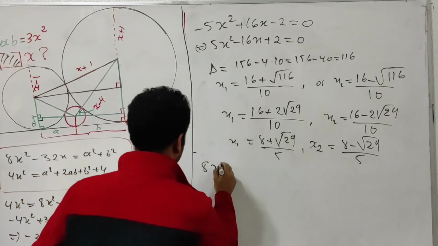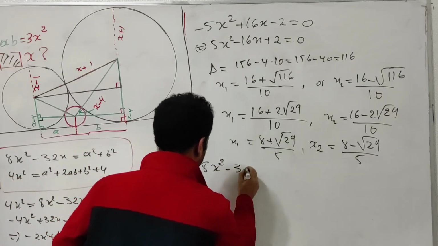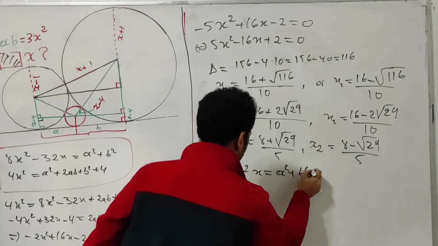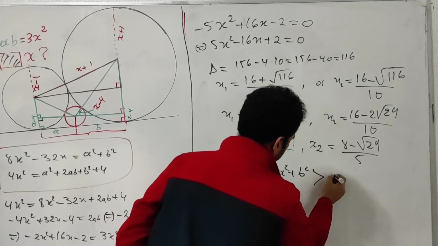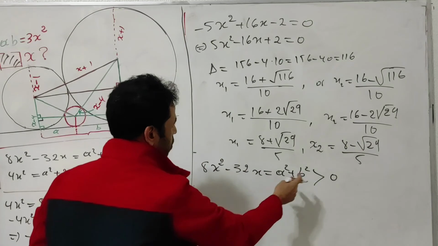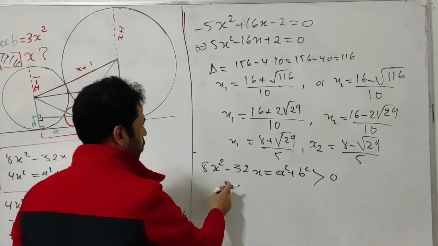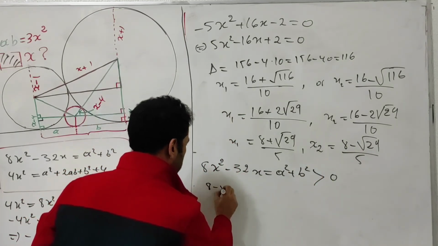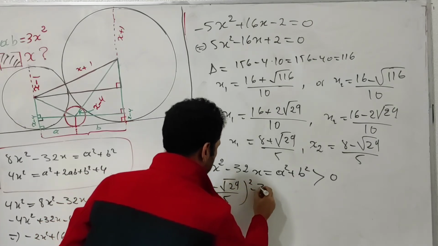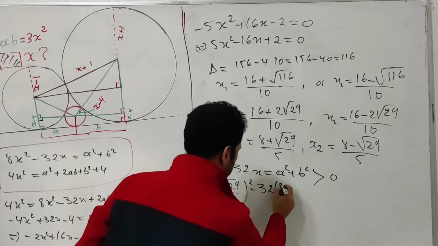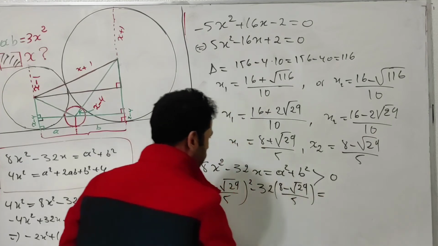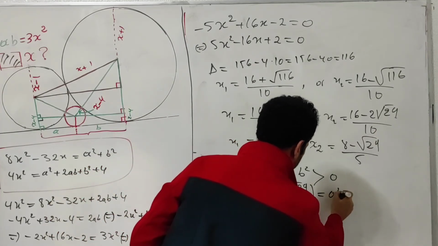So we have the original equation, which is 8x squared minus 32x equal to a squared plus b squared. Okay, we know this number is a positive number. Okay, I'm going to plug x with its value. Let's take the second solution, put it here. I get 8 minus square root of 29 over 5 quantity squared minus 32 multiplied by 8 minus square root of 29 over 5, equal to a square plus b square.